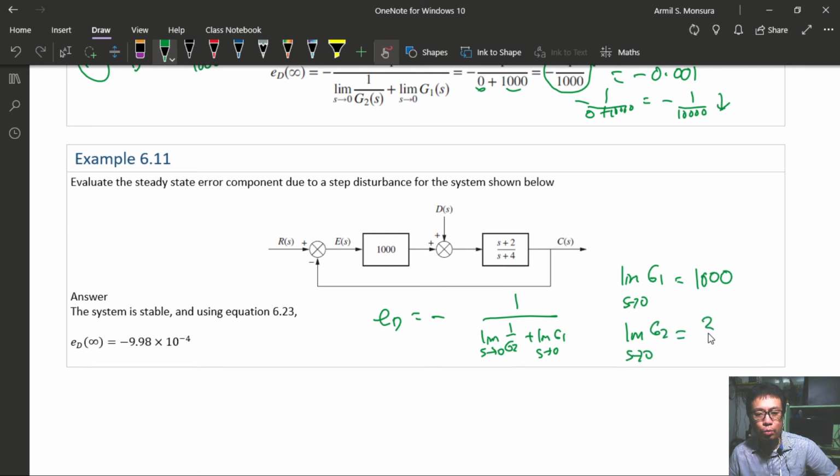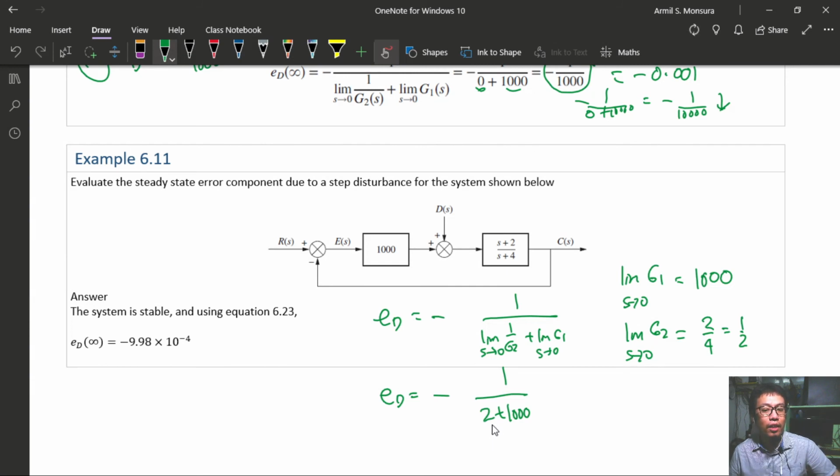That's basically 2 over 4 or 1/2, but we will take its reciprocal. So your ED now becomes negative 1 over 2 plus 1,000.